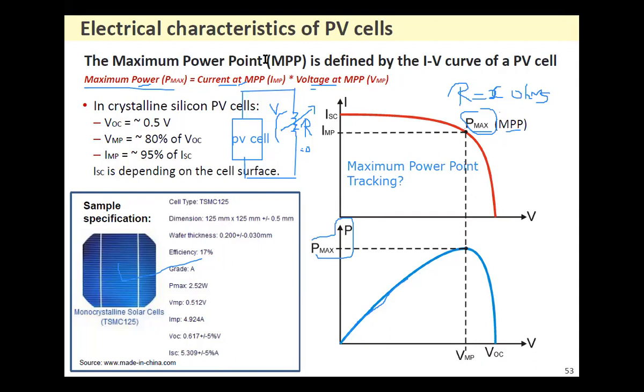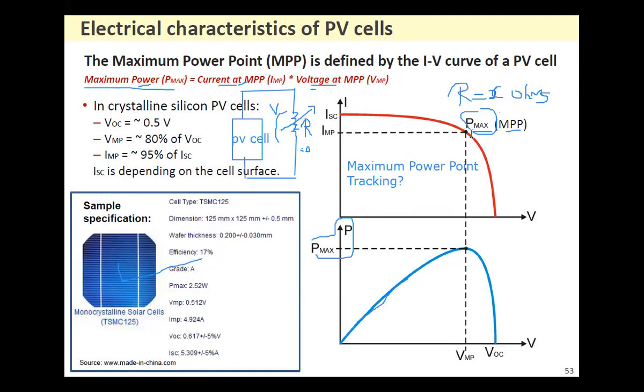Your controller, or your microprocessor and your sensors, or in short, your controller, searches or looks for the point at which you can get maximum power out of this solar cell. This is what is known as the maximum power point. And this maximum power point is different at different instances of the day. Got the idea of the maximum power point?